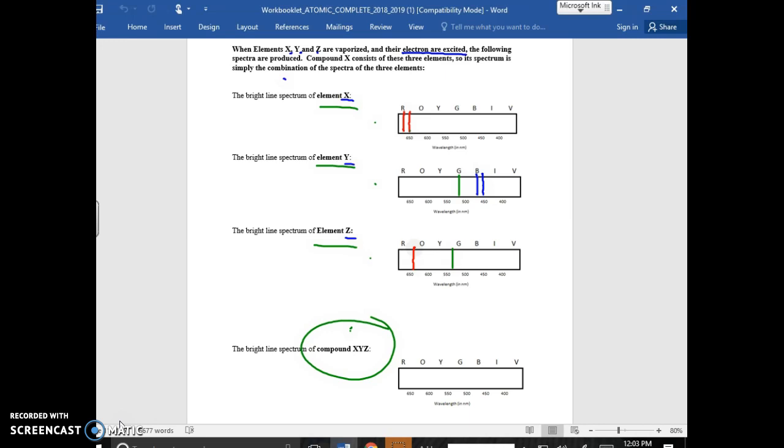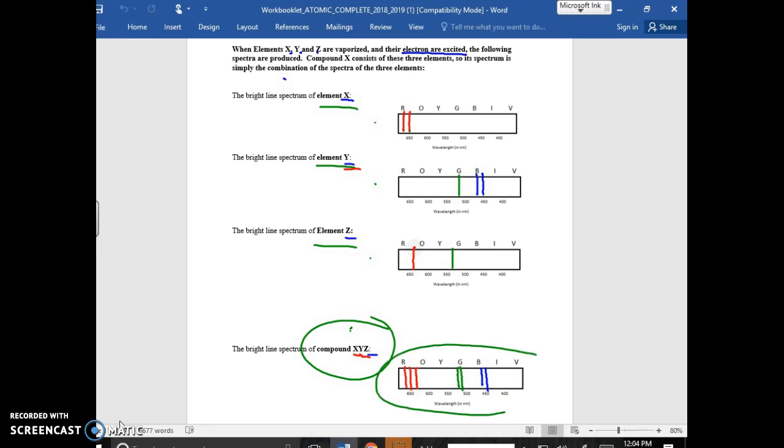So, if this compound contains X, it's going to produce X's two red lines. If it contains Y, which it does, it's going to produce Y's one green line and two blue lines. And then finally, if it contains Z, which it does, it's going to produce that specific red line of Z and its specific green line.